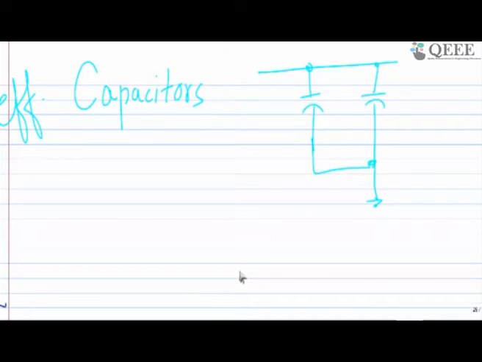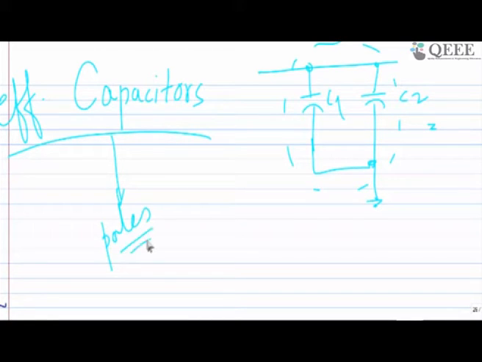If they are in parallel, I still call it one capacitor. Let's say these are C1 and C2, both in parallel, so it's C1 plus C2, right? I want that kind of effective capacitor. As many effective capacitors as you see, that many poles are available in your system.